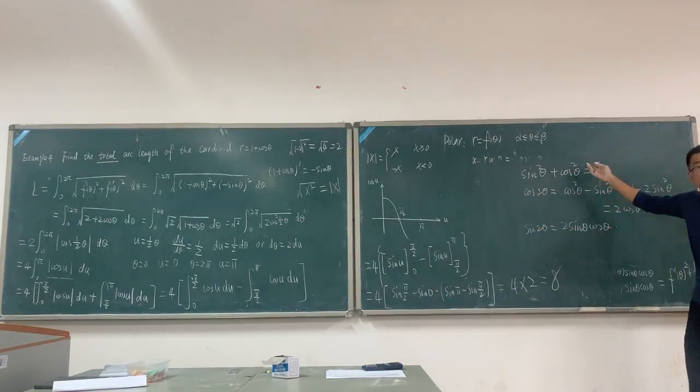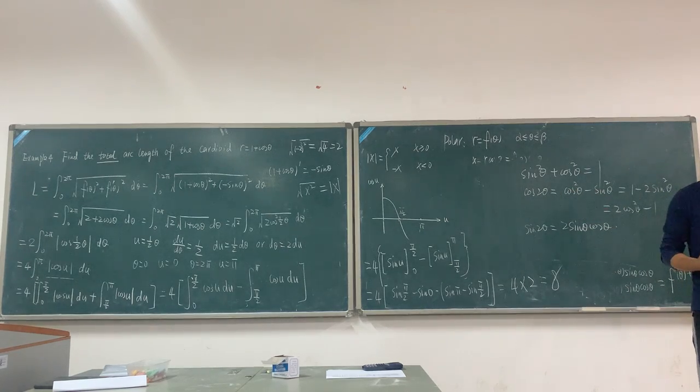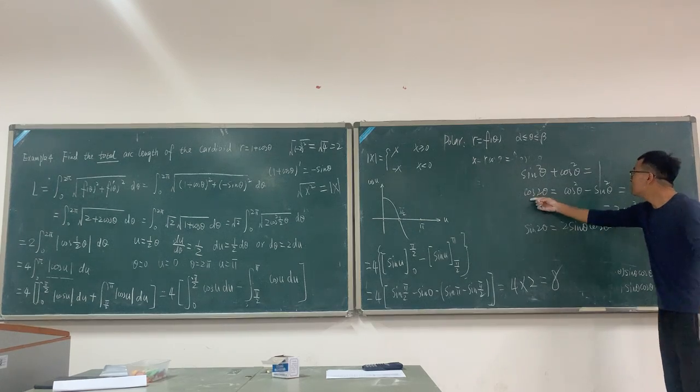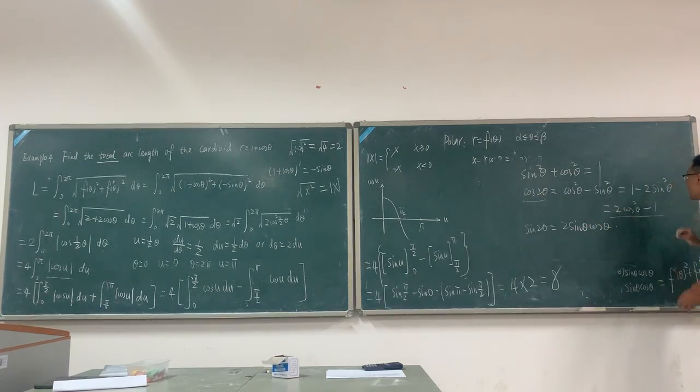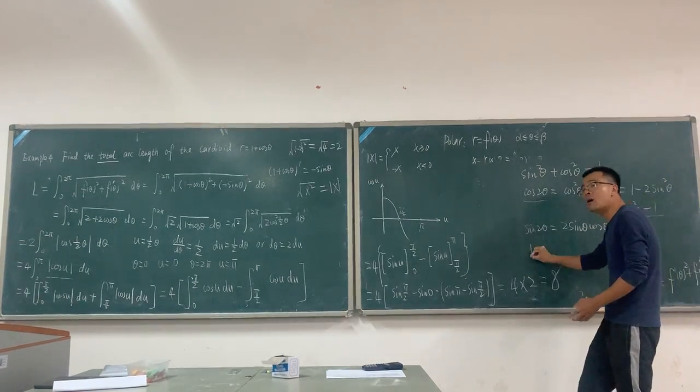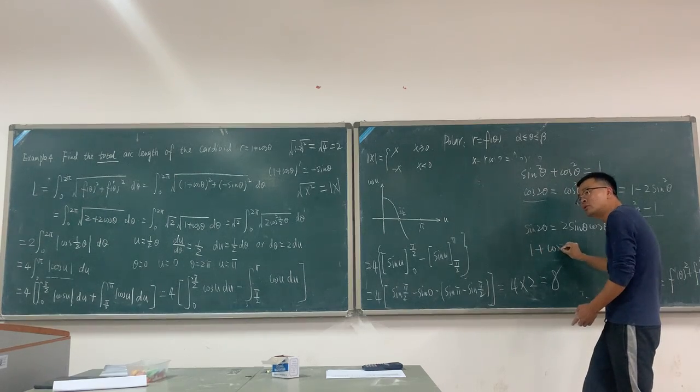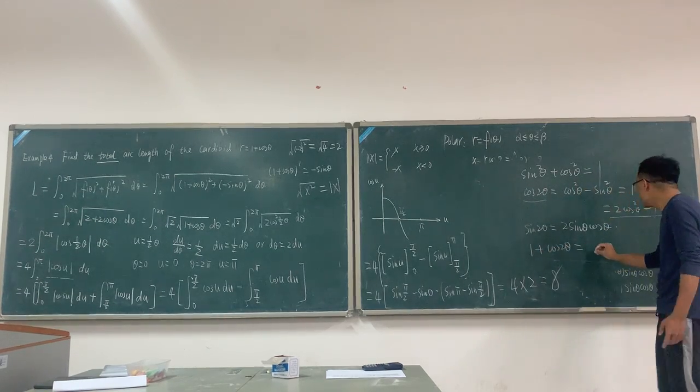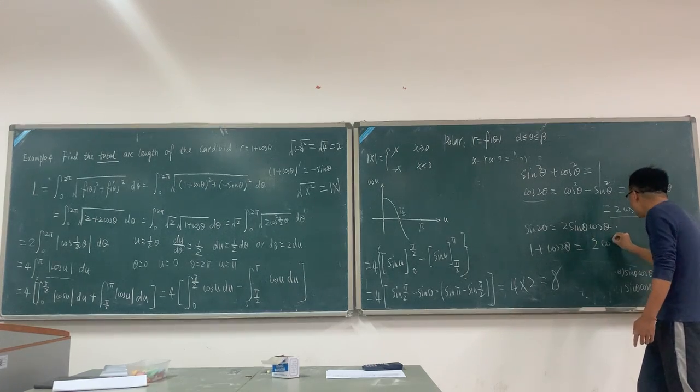So you should remember it, okay? From here we can see, for this one and this one, we add 1 on both sides. So we have 1 plus cosine 2 theta equal to 2 cosine theta square, yeah?